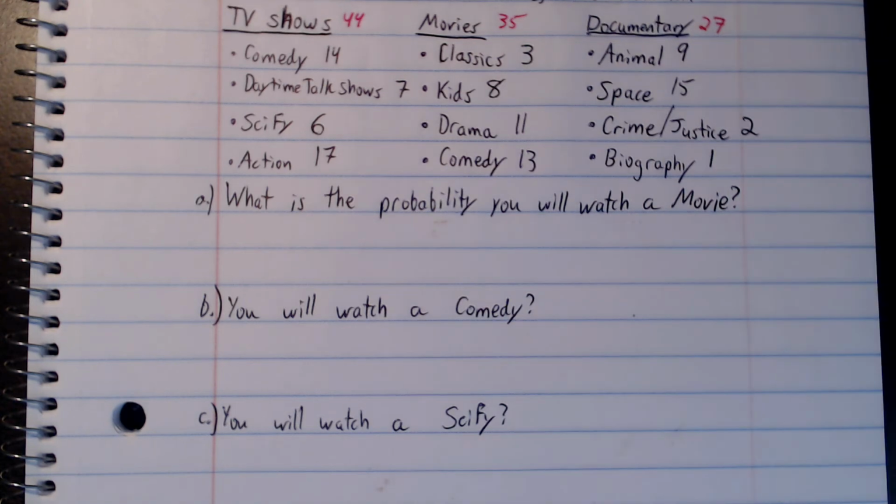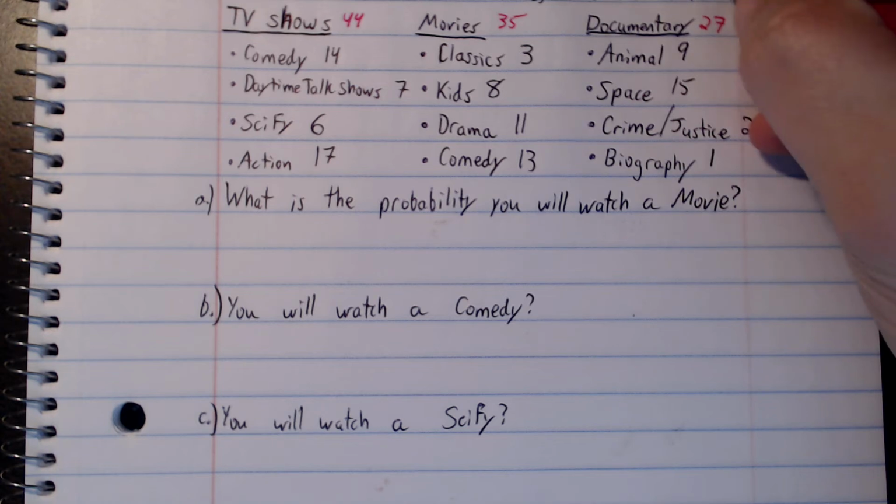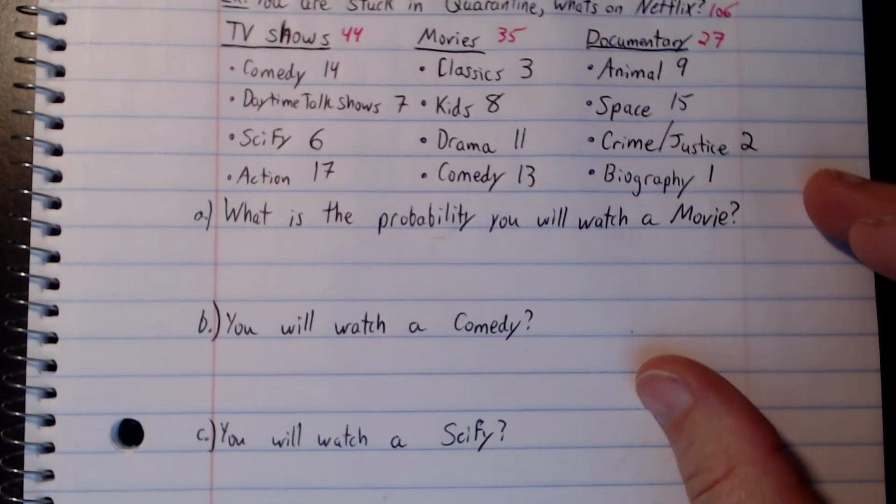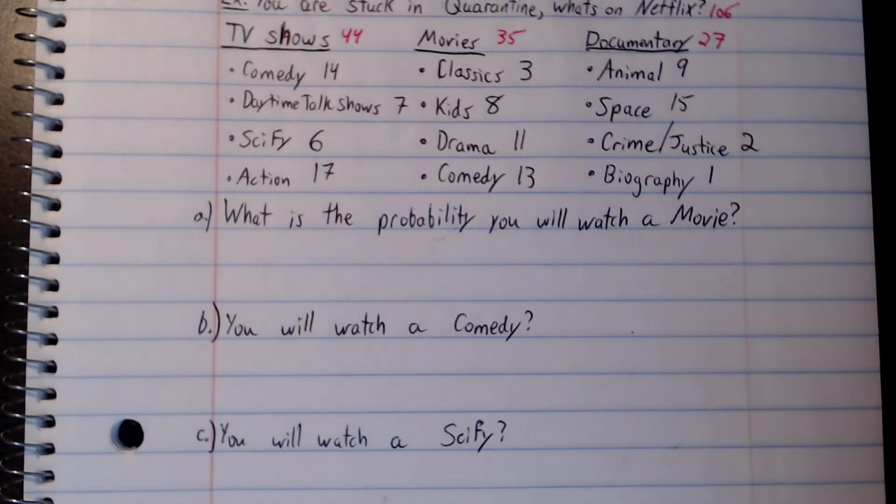And if you were to somehow randomly pick out, you got 44 plus 35 plus 27 for a total of 106 movies to choose from. So now we know our total sample space is 106. We have different categories kind of added up already.